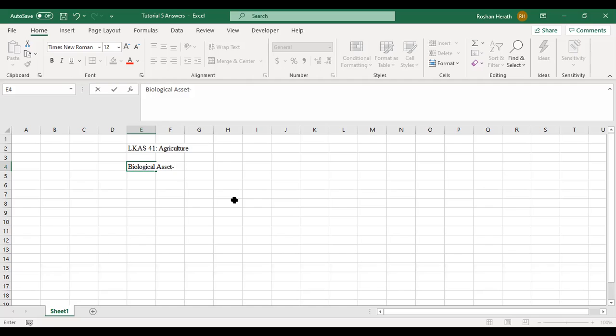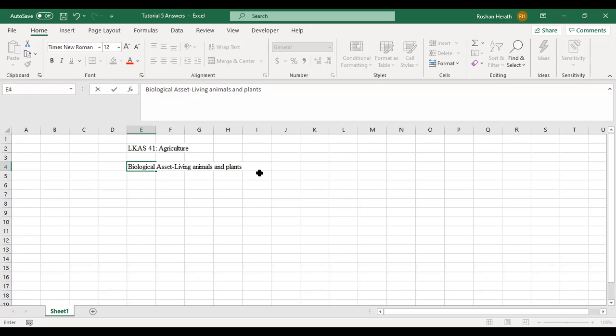So biological assets are all about living animals and plants, right? As I told you earlier, it is very different from the rest of the assets.